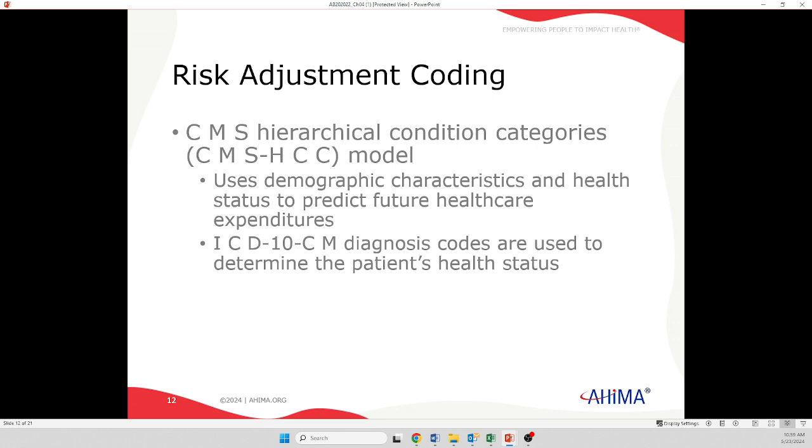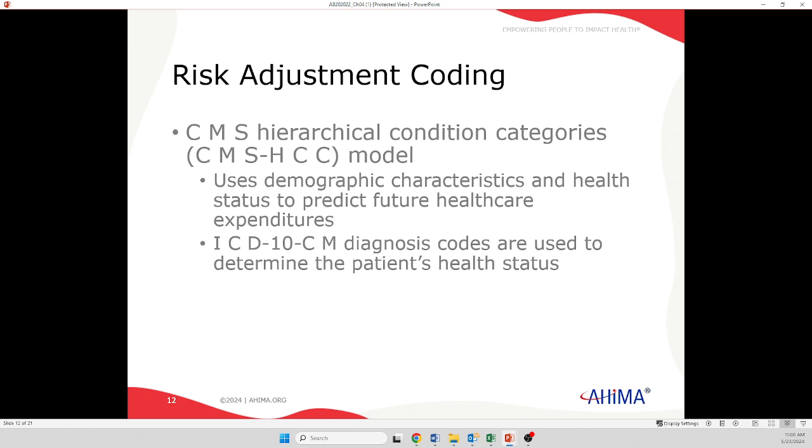So, there is table 4-4 on page 73 that shows you some comparisons of some ICD-10-CM codes and some HCC codes.